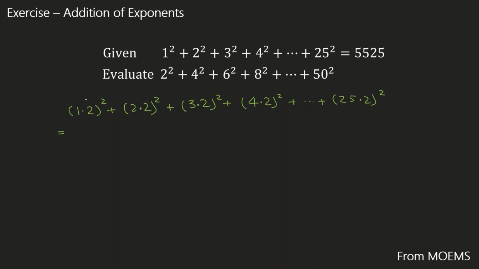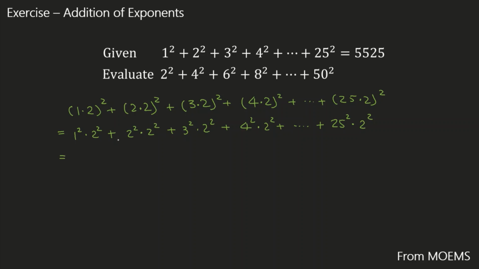So if we use the property on exponents of products, what we essentially have is 1 squared times 2 squared plus 2 squared times 2 squared plus 3 squared times 2 squared plus 4 squared times 2 squared, and so on and so forth plus 25 squared times 2 squared.